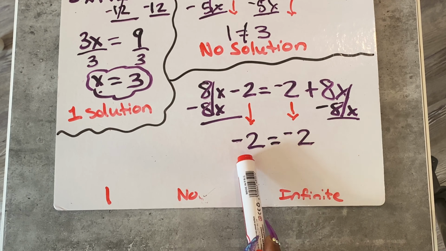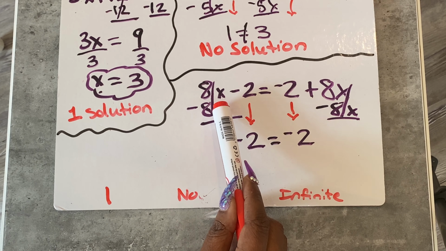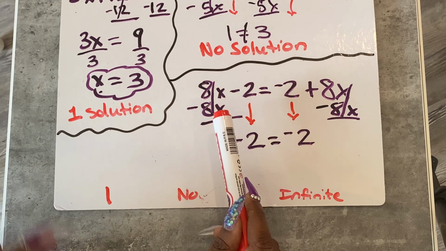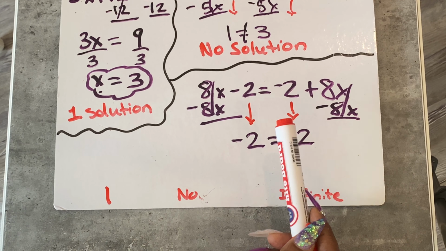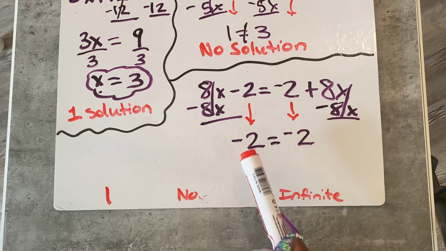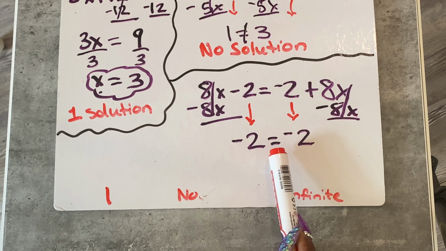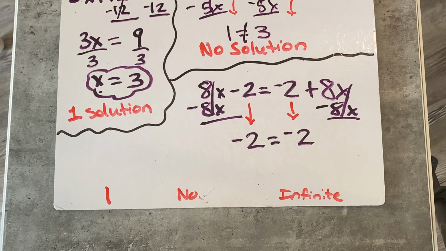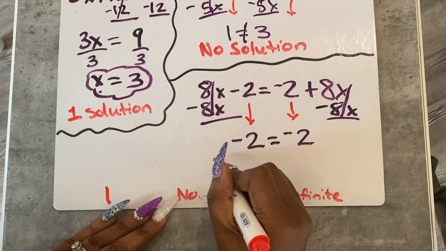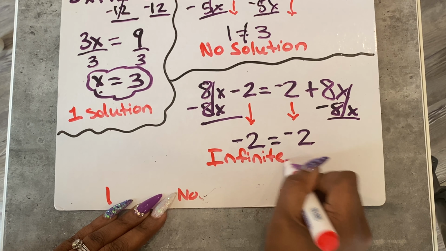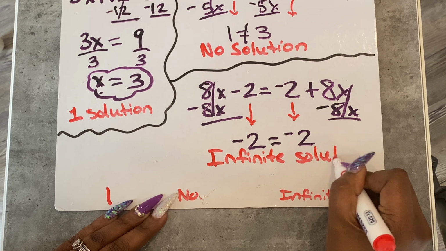Down here, any number you substitute for x, any value you give to x, however you want to say it, you are always going to have your answer on the left equal your answer on the right. Therefore, you have infinite solutions.